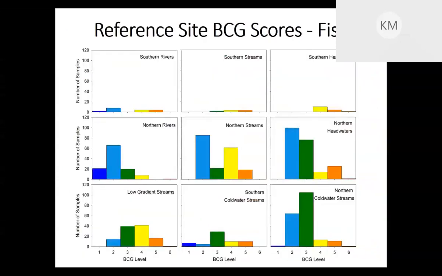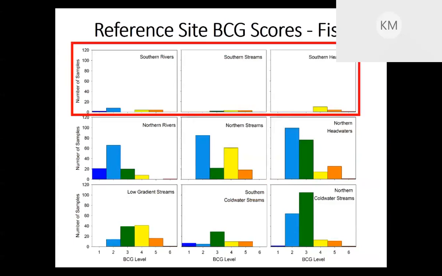Going back to the development of the biological criteria, once we developed these BCG models, so there's 18 total BCG models for streams, we can look again at those reference sites, and it confirms what we thought. There are very few sites that are reference sites in the southern stream types, and they tend to be more in that BCG 4 or 5 range.